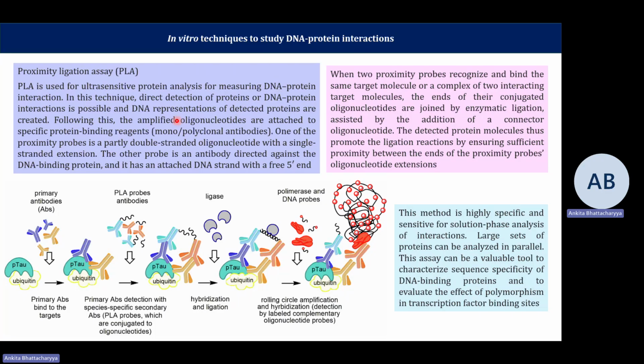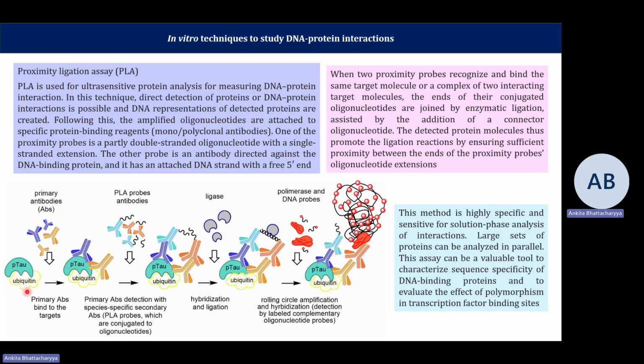One of the proximity probes is a partly double-stranded oligonucleotide with single-stranded extension. The other probe is an antibody directed against the DNA binding protein, and it has an attached DNA strand with a free 5' end.